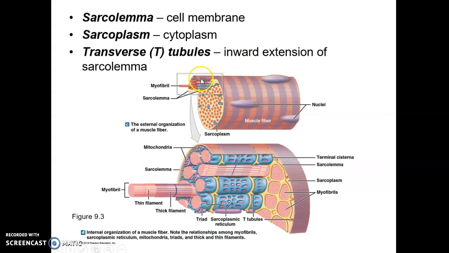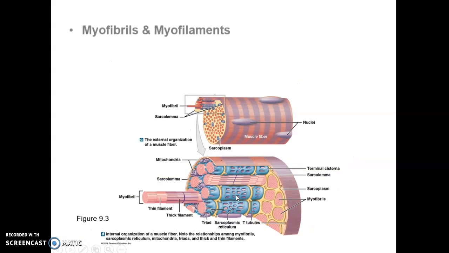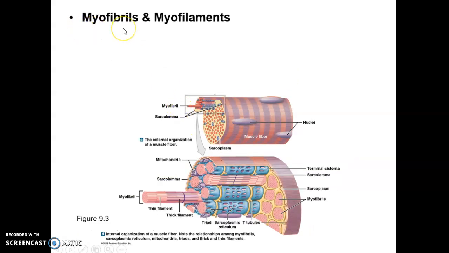So again, that's one muscle fiber, and zooming in close to within a muscle fiber is what we see here. So there are myofibrils, and then there are myofilaments. So this one thing that's sticking out here is a myofibril.